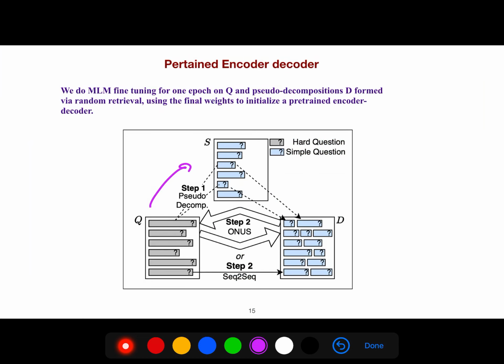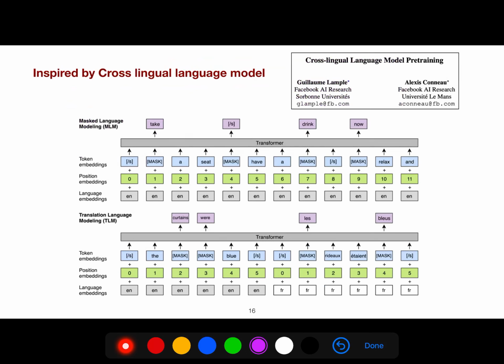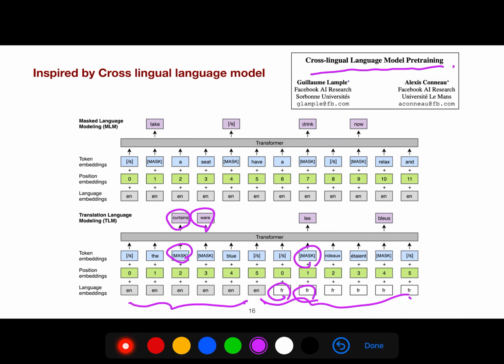And finally, step 2. We are inspired by this article, cross-lingual language prediction. So not only do we have the English words, where we want to see, if masked, what the answer is, so we predict with the language model, but it is also multilingual, cross-lingual, because we are also using French words. So we are also masking French sentences to see the answer.